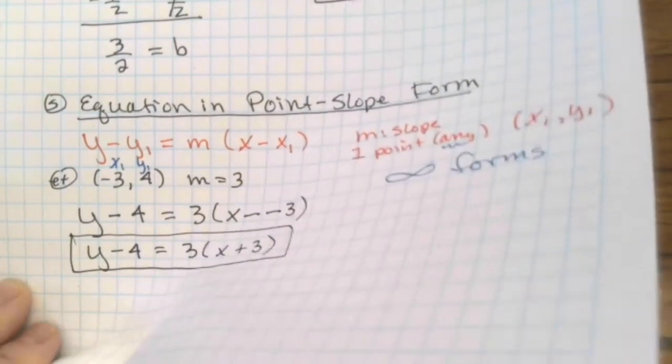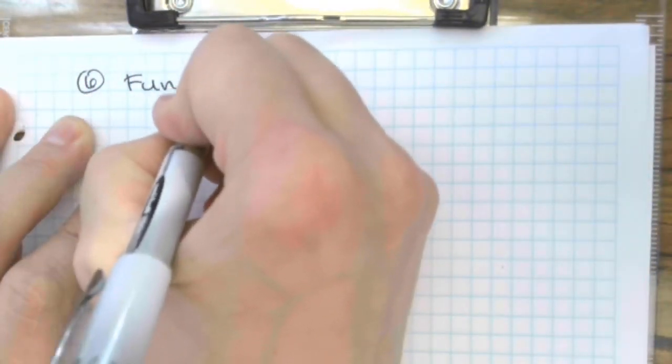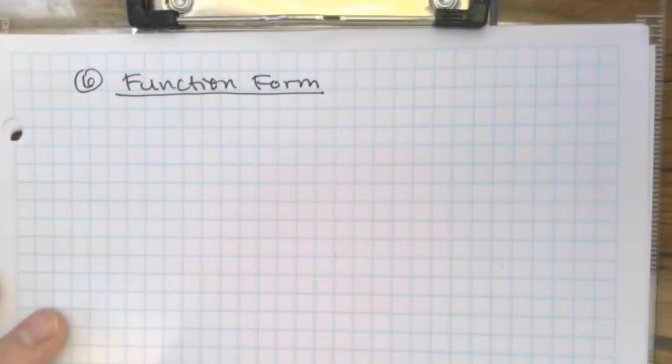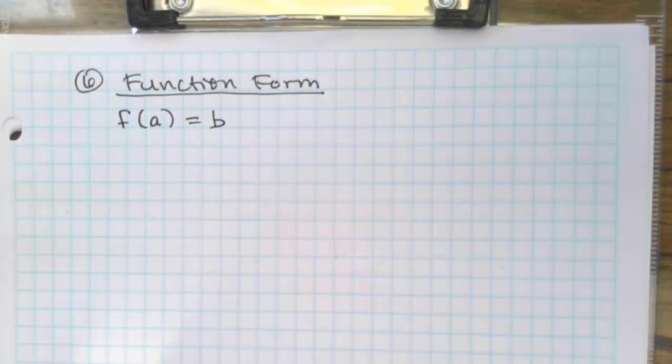Okay, last one, number 6. The last type of question you need to do is you're going to need to work in function form. So there's a couple things you need to know about function form. Here's an example. f of a equals b.